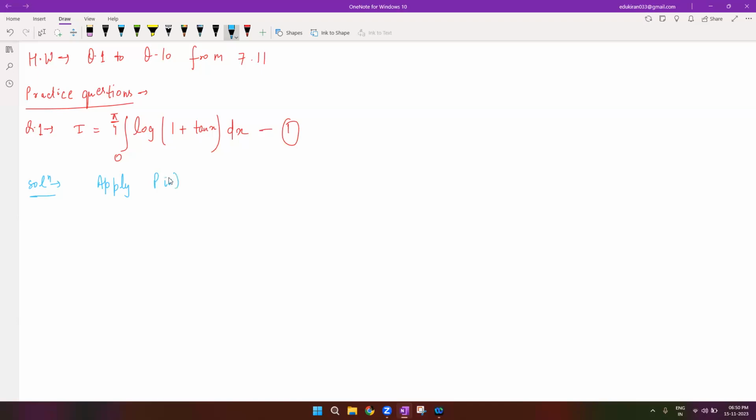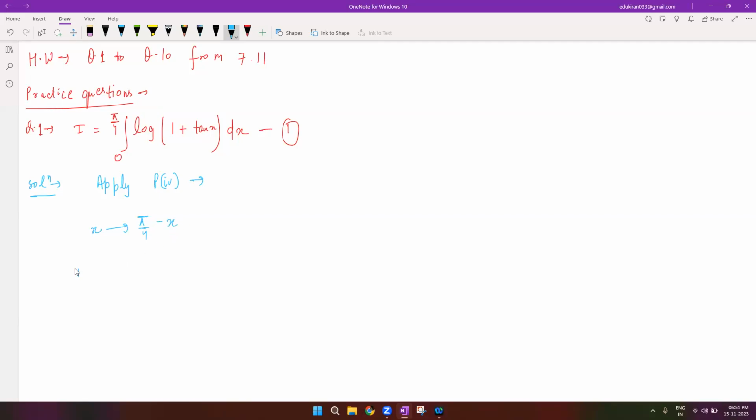Apply property 4. After applying property 4, we know that we have to convert x to a, which is the lower limit, plus upper limit minus x. The lower limit in this case is 0, so x changes to 0 plus pi by 4, which is pi by 4, minus x.